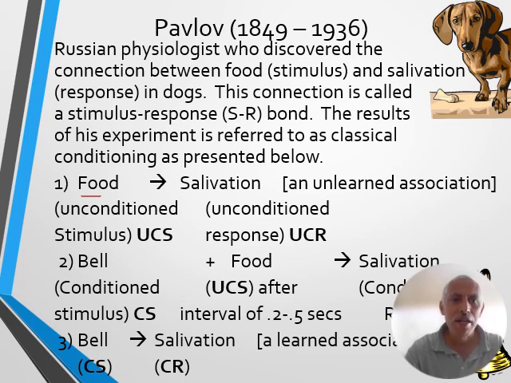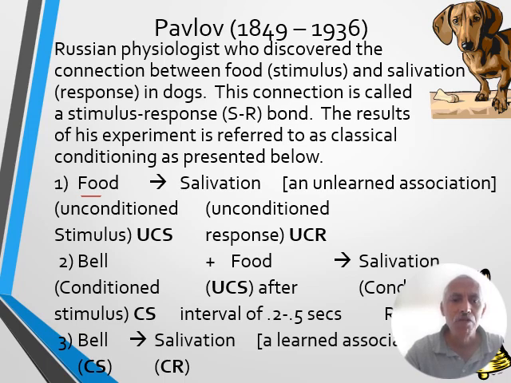So we have food here, and it is presented to the dog, and the dog will salivate. The food has that potential to cause the dog to salivate naturally, and therefore it's called an unconditioned stimulus. And when the dog sees food, naturally it will be salivating, so that response to this stimulus is called an unconditioned response, because it is a natural response.